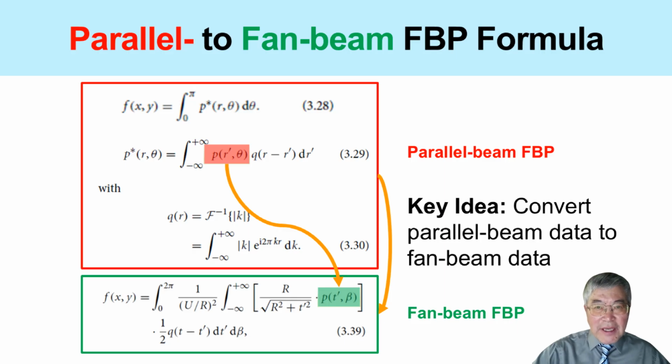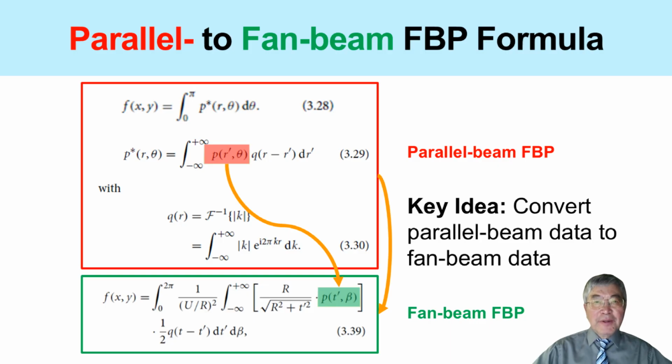Now, structurally, the formula is still very familiar. It is still a filtered backprojection formula. First, we filter the projection data, then we backproject the filtered data into the image domain. But compared with the parallel beam formula, the fan beam formula has some additional weighting factors. These weights are not arbitrary.